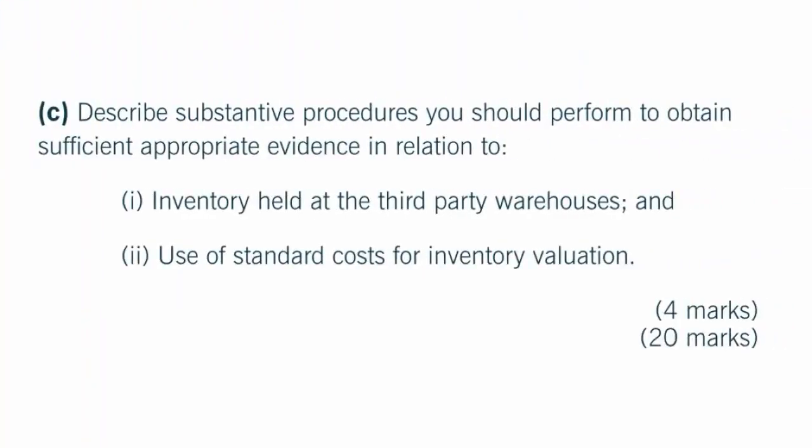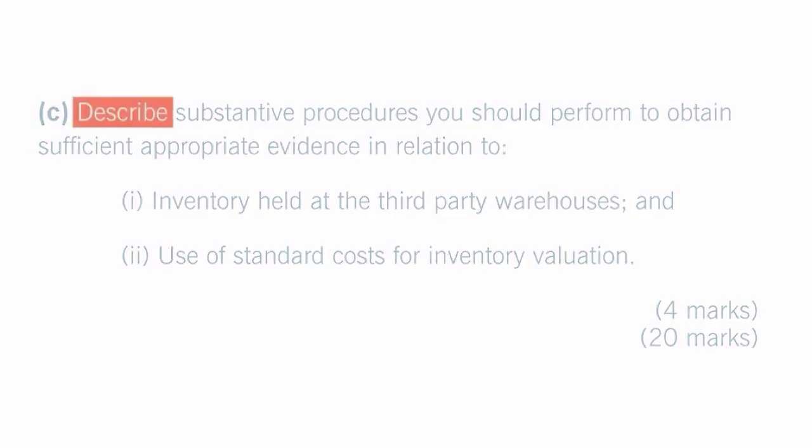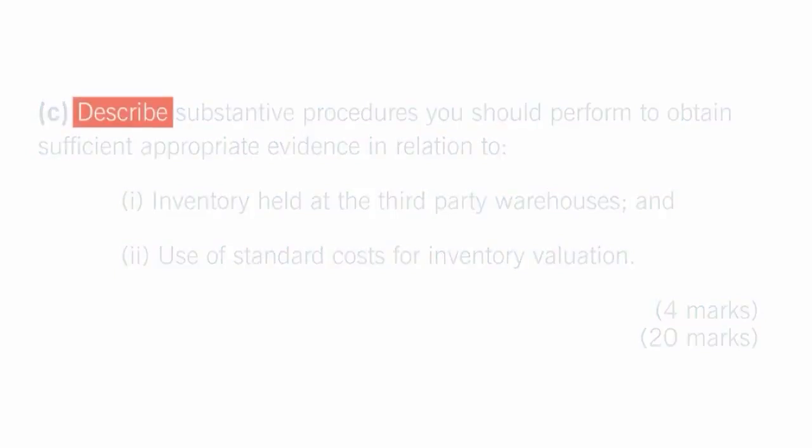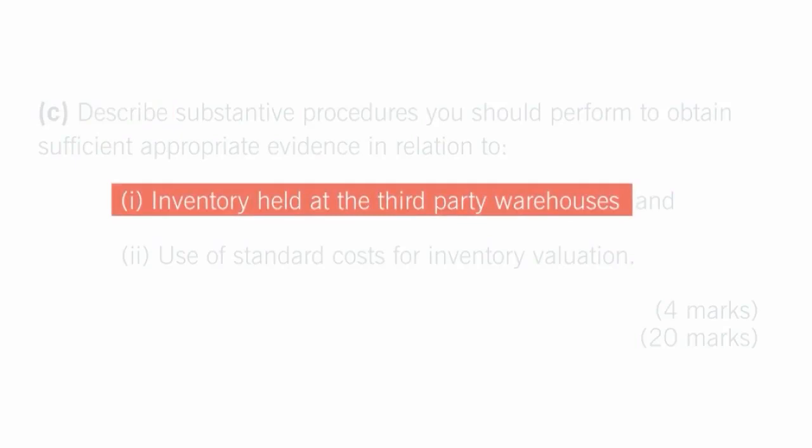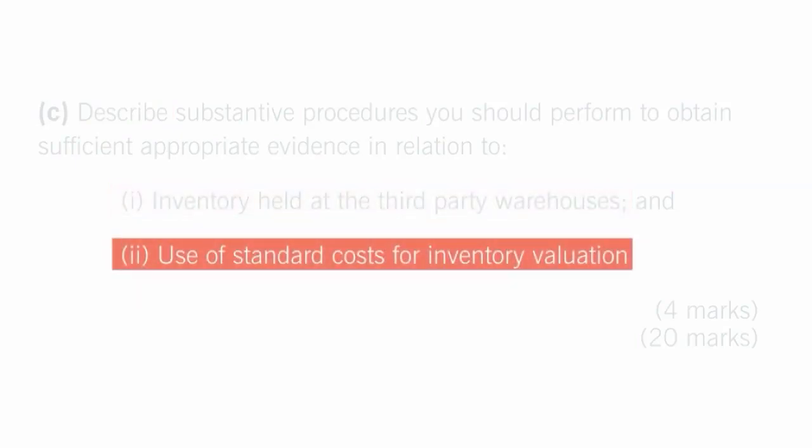We now look at the last section of the question, section C, which asks us to describe the substantive procedures to be performed to obtain sufficient appropriate evidence in relation to inventory held at the third-party warehouses and the use of standard costs for inventory valuation.